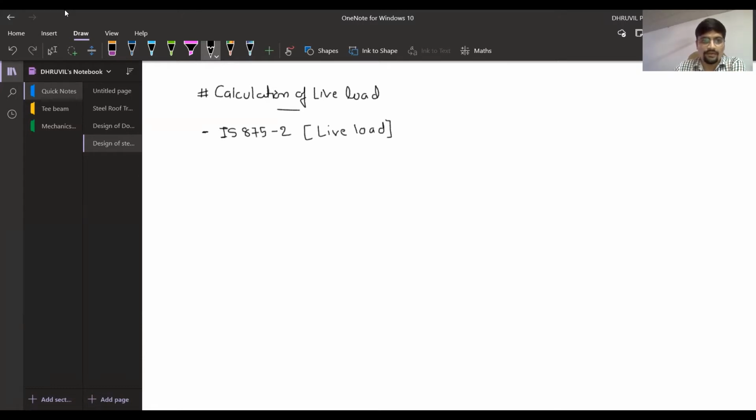live load on plan area. The equation is 750 minus 20 into alpha minus 10. Alpha is nothing but the angle of repose.